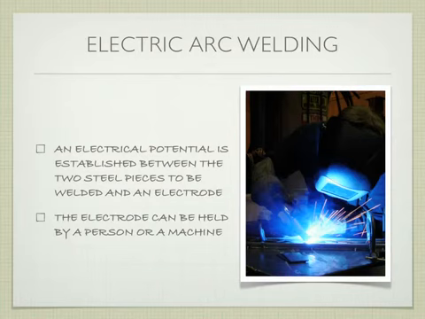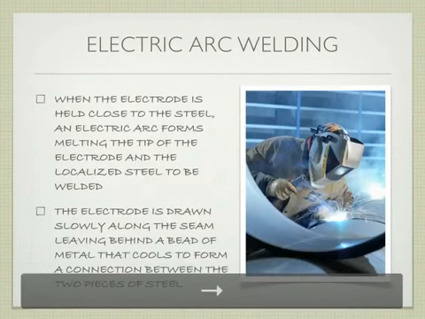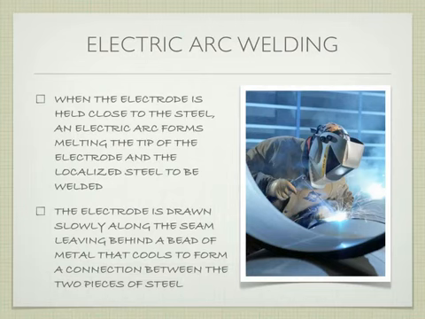The basic concept is that there's an electrical potential established between an electrode and the steel that you're trying to weld. The electrode can be held by a person, if you're welding by yourself, or it can be held by a machine. A lot of the fabrication shops have machines that do this. When the electrode is held close to the steel, an electric arc forms between the tip of that electrode and the steel itself.